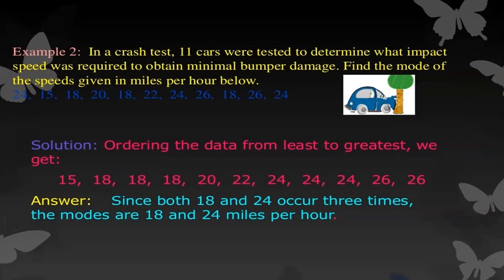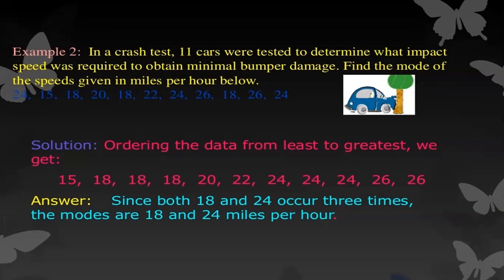Unimodal means when one item occurs the maximum number of times. Bimodal means when two items have the same maximum frequency. Last, multimodal means when more than two items have the same maximum frequency. So these are the four types of modes.